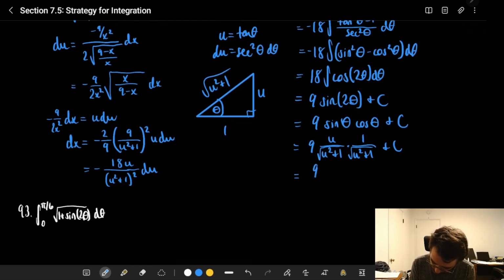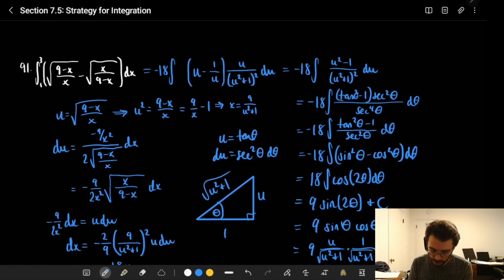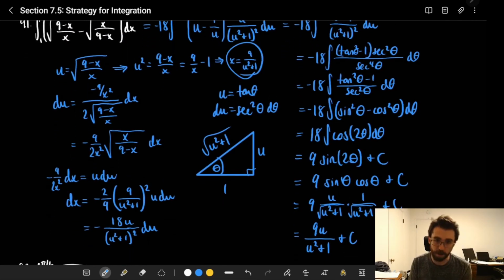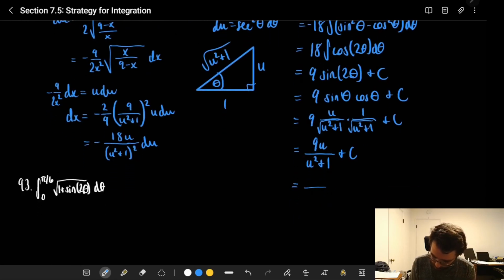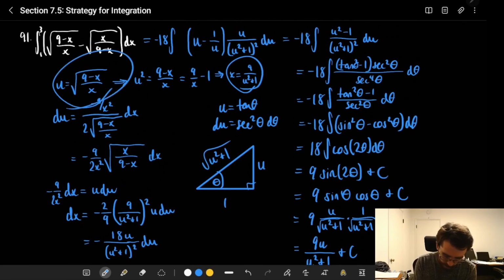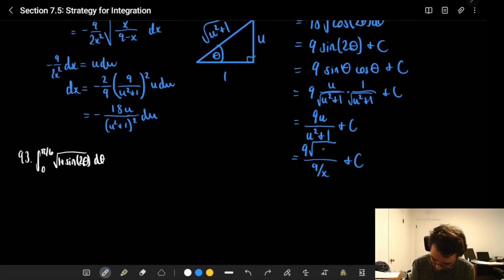So this should be 9u over, okay, the square roots combine to just give you that. And I think that's good. Then you can go in and replace u. We actually have a fun fact here. U squared plus 1, if you solve for it, is just 9 over x. So this is 9 over x down here. That's a little quicker way. 9u is, well, u is this guy, 9 minus x over x under a square root.